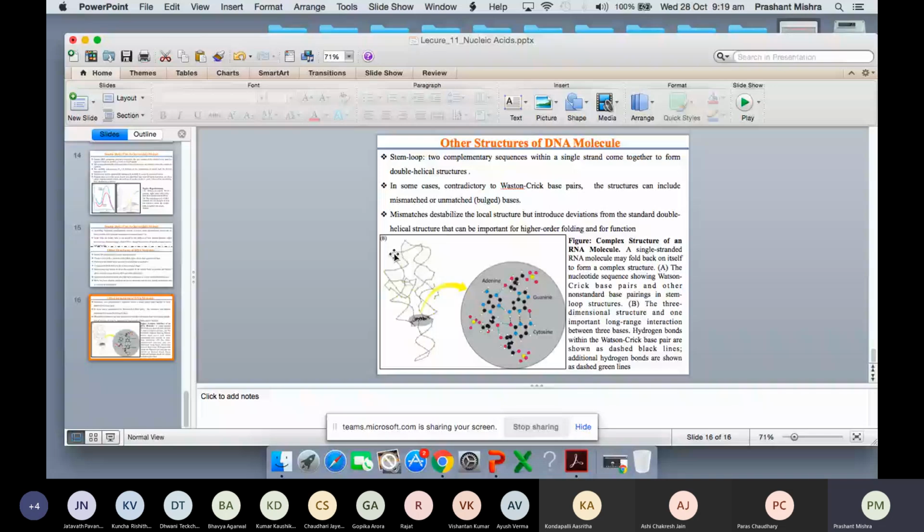So a single stranded RNA molecule may fold back, and once they fold back, they form a complex structure where Watson-Crick pairing or non-standard pairing can occur. So there are different types of pairing, and that's why the secondary structure for RNA can be stabilized. So this gives you the details and review of the previous lecture. Let us talk about the new one.